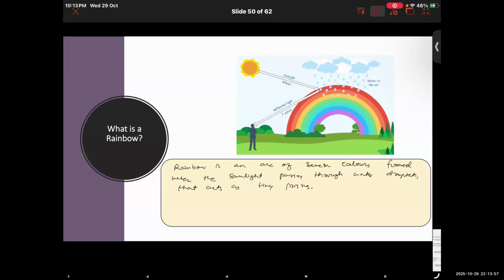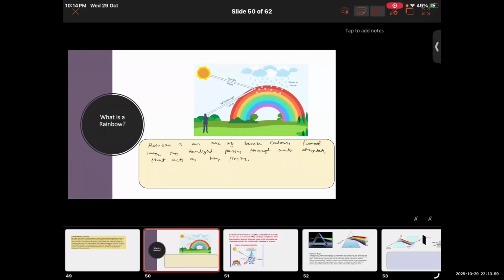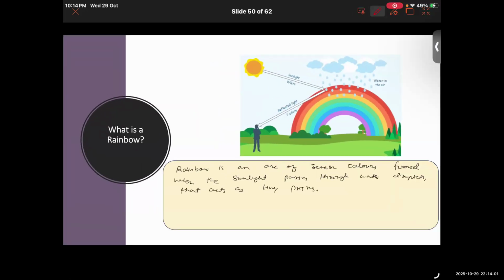Further, talking about how it is formed. I have told you that it is formed in the following manner. First, what happens? Sunlight gets refracted as it enters the water droplet.